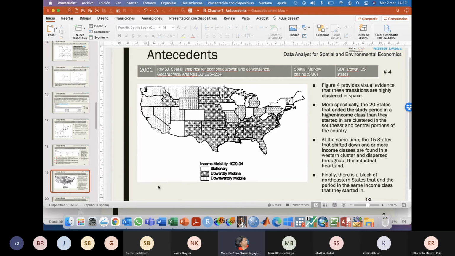They are more scattered, not so clustered as the other ones. And finally, there is a block in the northeastern states that end the period in the same income class, normally the highest ones, in white, so in the same income class that they started in.